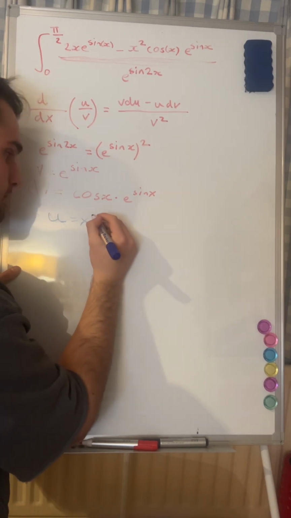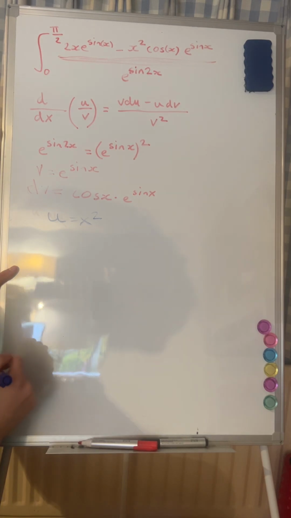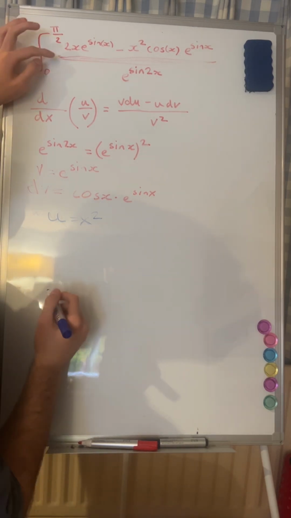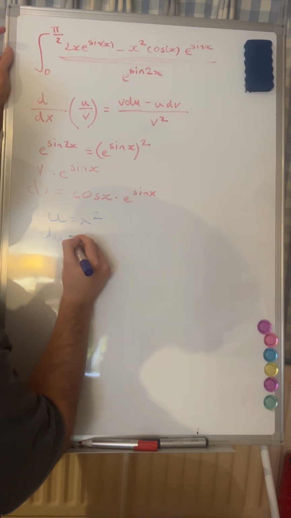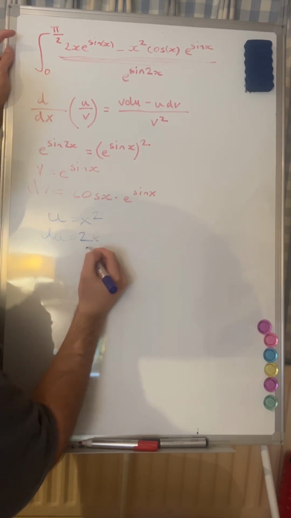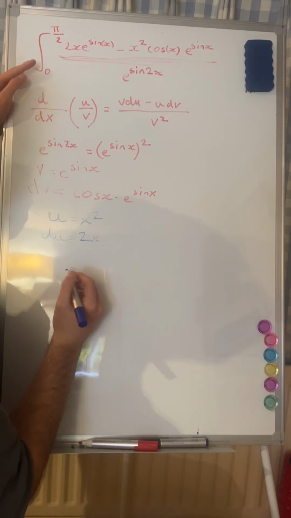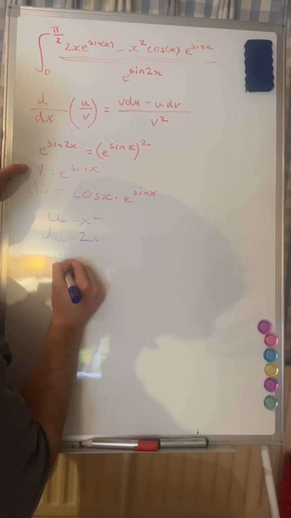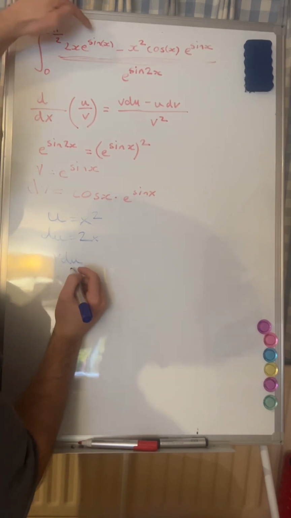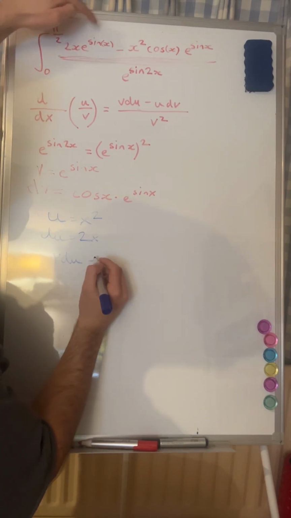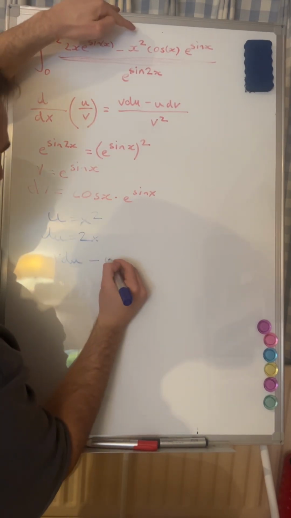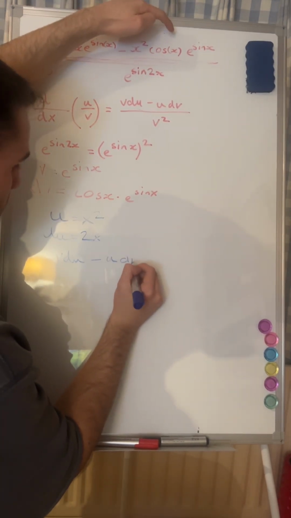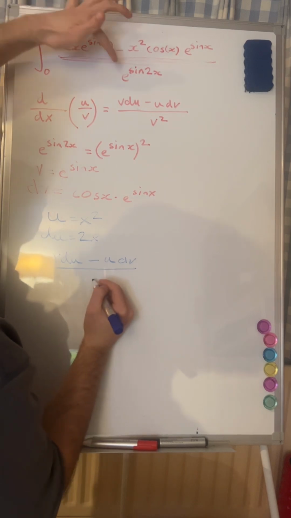So if we find du equals 2x, and we put this together, on the top we have v du minus u dv, all over v squared.